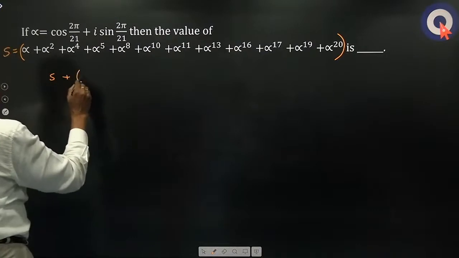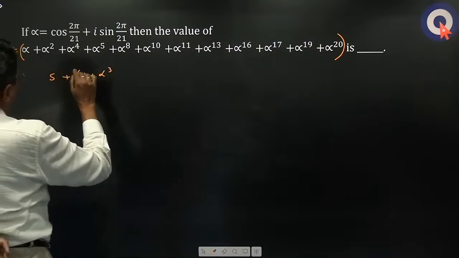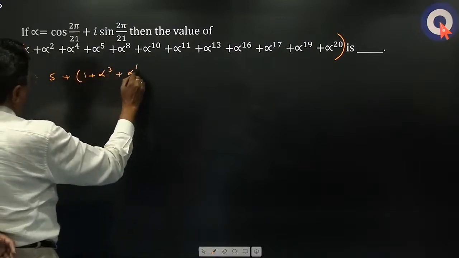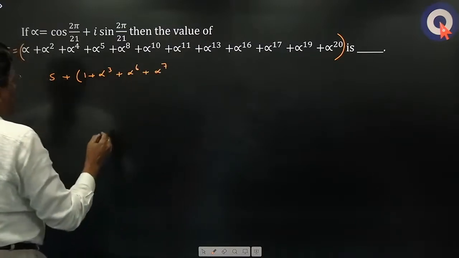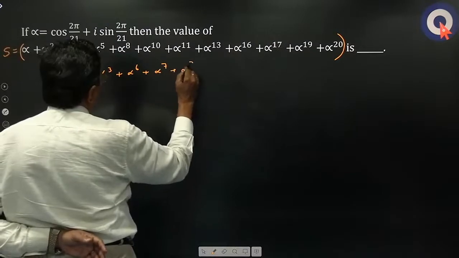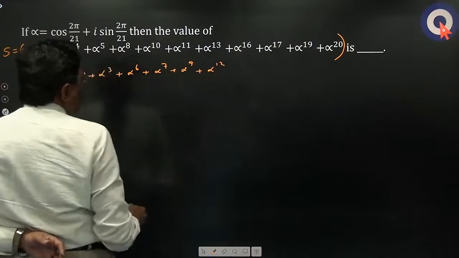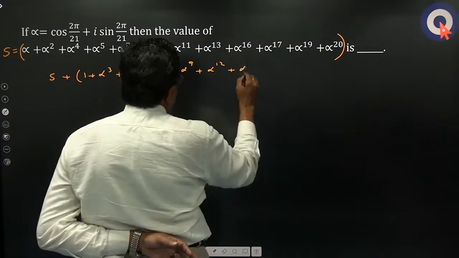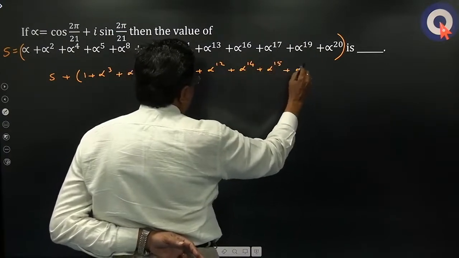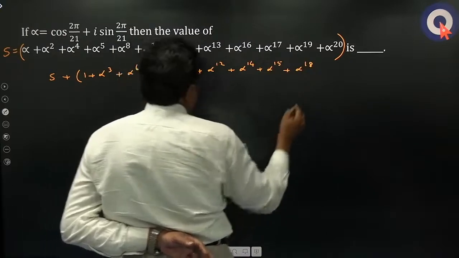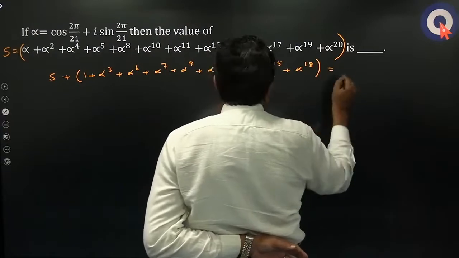Missing terms are 1, alpha cube is missing, alpha power 6 is missing, alpha power 7 is missing, alpha power 9 is not there, alpha power 12 is not there, 14 is missing, 15 is missing, 18 is not there. Fine. So this is the sum of all the roots, which is 0.